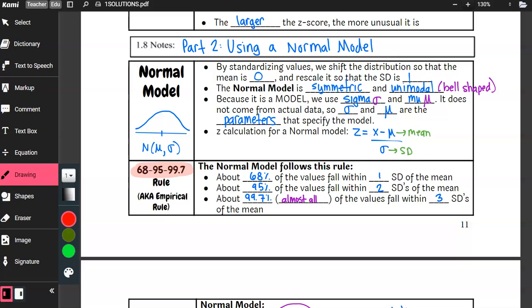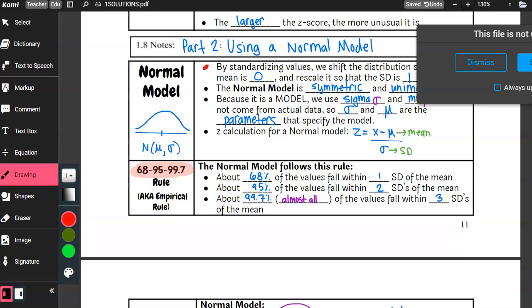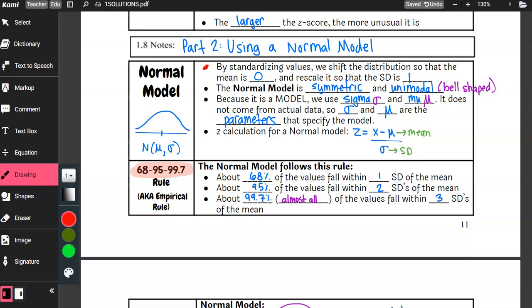So here we have the title. It is using a normal model. For a normal model, our first bullet point says by standardizing values, we shift the distribution so that the mean is 0 and rescaling it so that the standard deviation is 1.